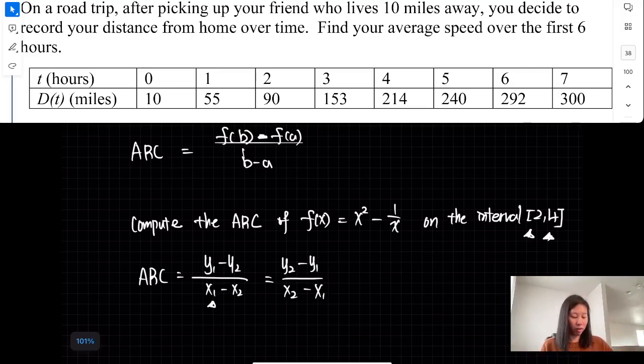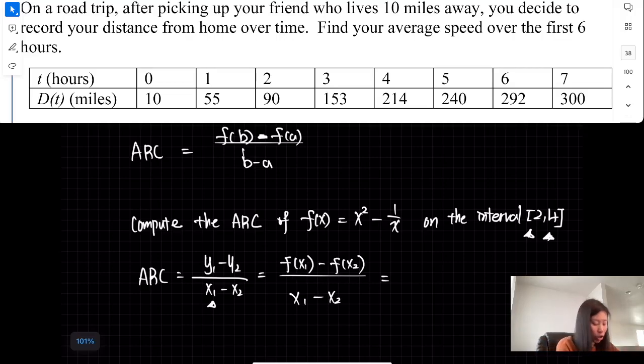No matter what you choose, if I decide y1 minus y2 over x1 minus x2, that means y1 is f of x1 minus y2, which is f of x2, over x1 minus x2. In this case, x1 equals 2, x2 equals 4. So I have 2 minus 4 for the denominator. The numerator should be f of 2 minus f of 4.